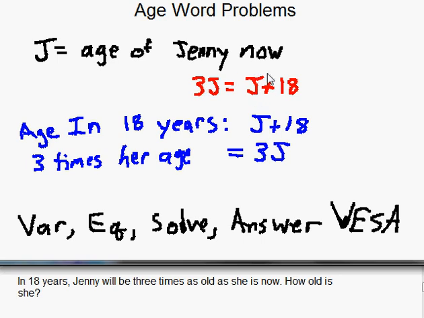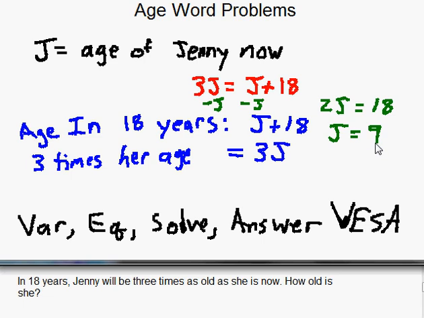This is kind of review, but what do you do here? You solve it by taking away the J, and taking away 1J on the other side. Exactly. So then what we end up with is 2J equals 18. And so J equals 9.